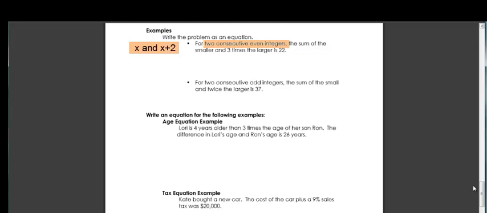You're going to have x and x plus 2. So our x will be our smaller number, because then you add 2 to it and you get the larger number.